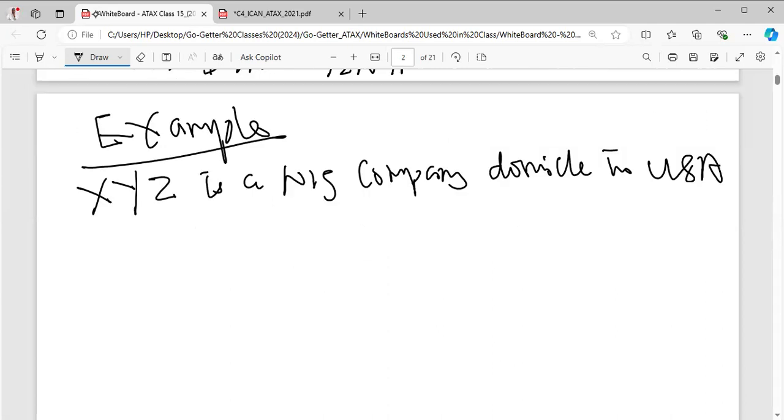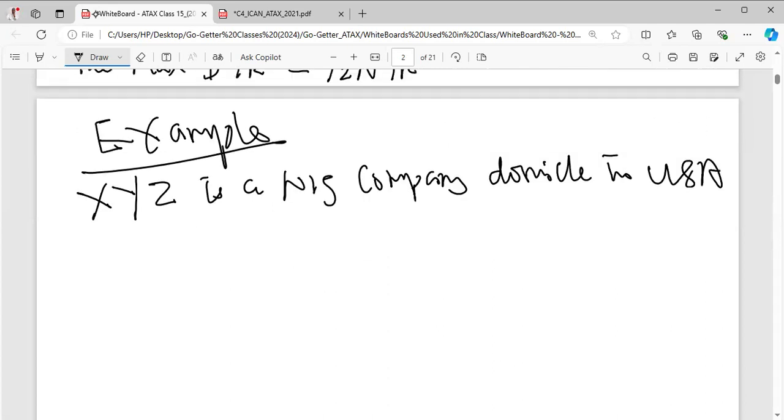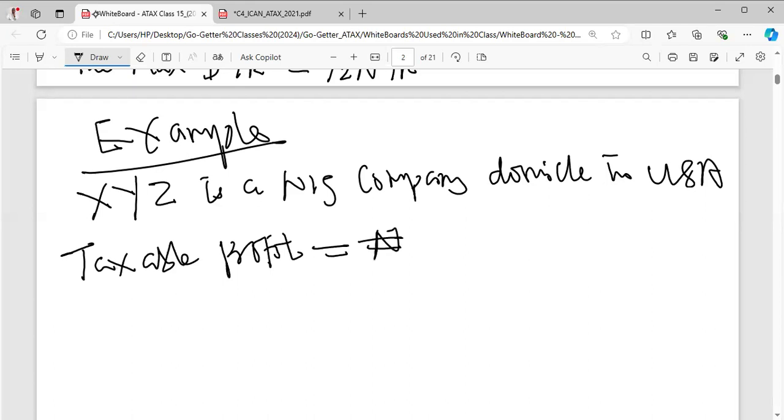Okay, then this is the taxable profit, which happens to be 1 million.